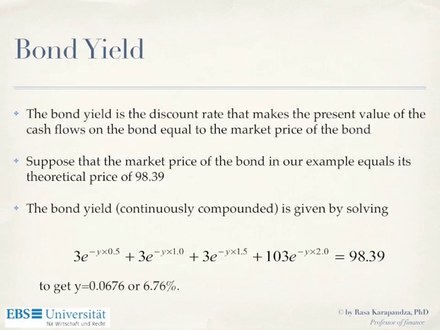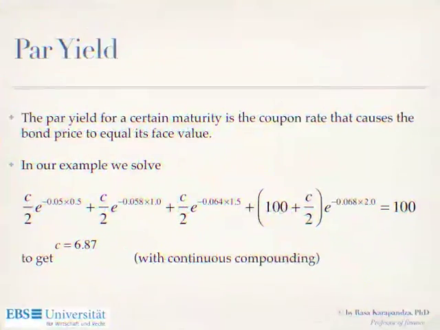Now we have just one more concept to learn about and then we are done for today. And this concept is called par yield. What is this par yield? So I told you that the par value is the same thing as the face value. This is just a different name for the face value. But the par yield is something completely different. So don't get confused.